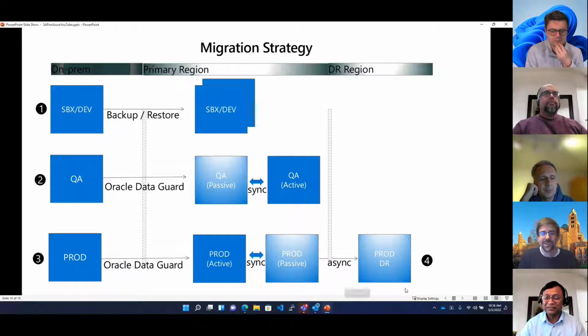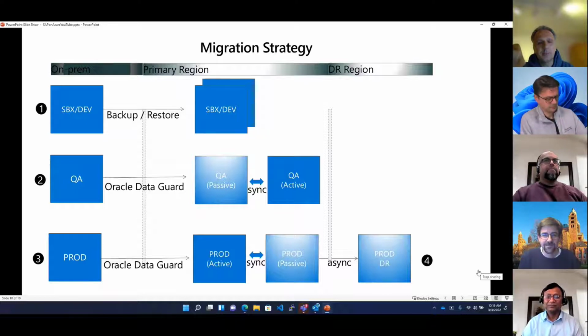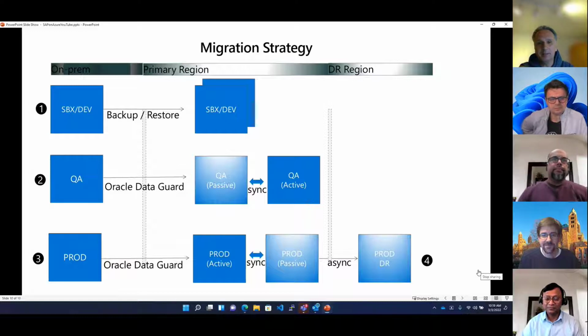But I think here is one very cool thing: you use Oracle Data Guard as a technology to migrate such a big SAP database system and avoid the downtime, because basically it's just replicating from Oracle to Oracle, from on-premises to Azure. I believe you surely used async mode from on-premises to Azure.